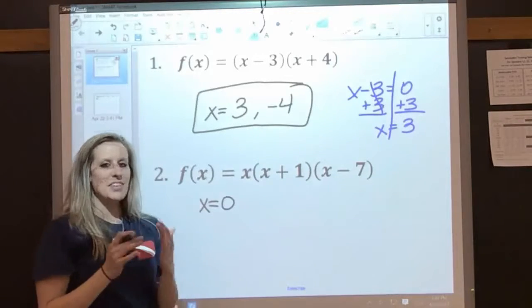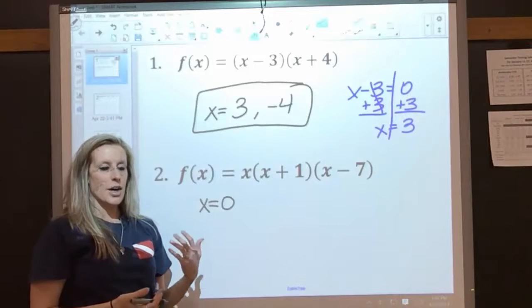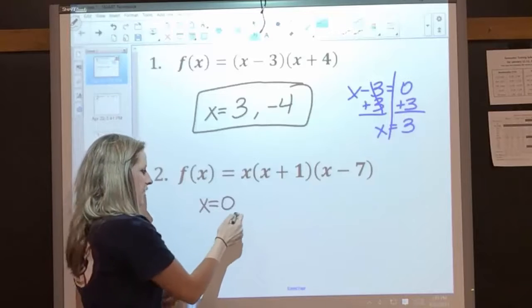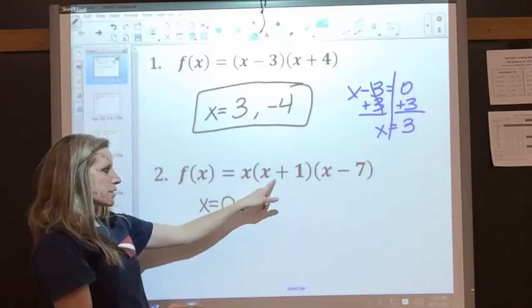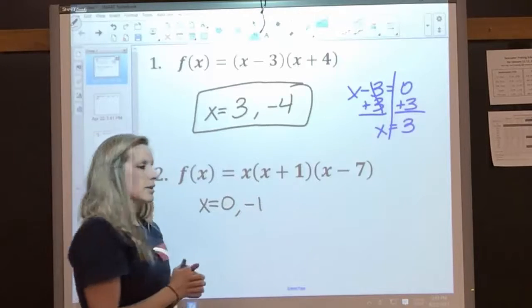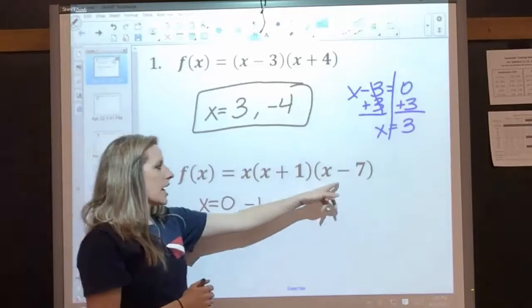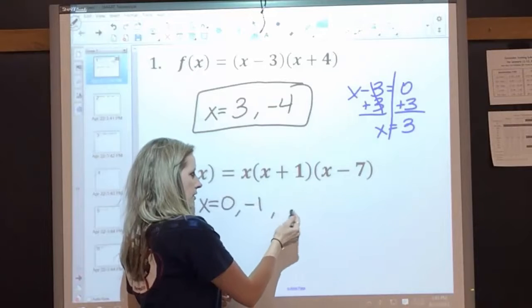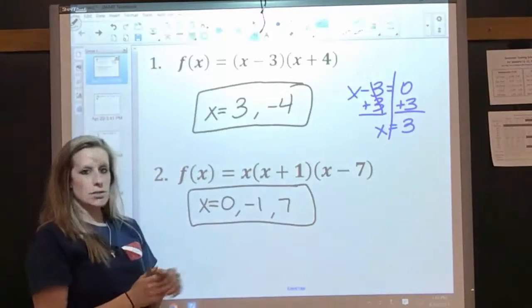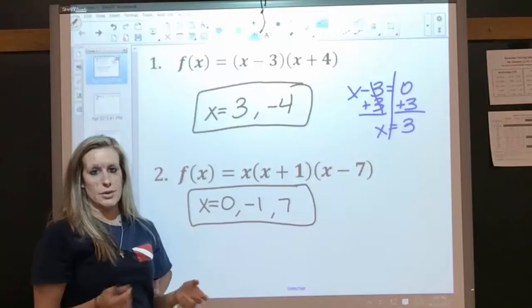Okay, so if you have an x that's just by itself, your 0 is 0. For our second factor, x plus 1, our 0 would be negative 1. It'd be the opposite. For the last one, x minus 7, our 0 would be positive 7. So these would be my solutions or my zeros.